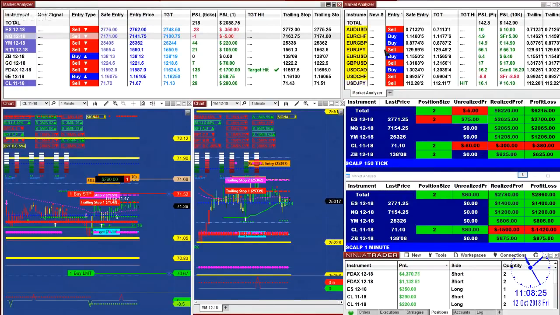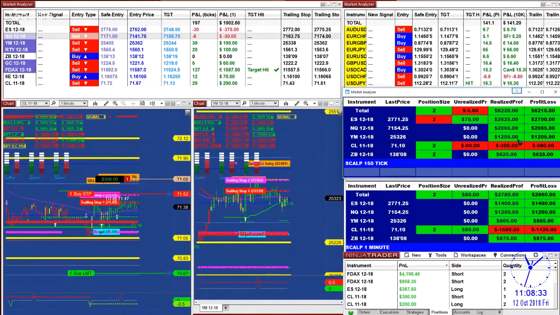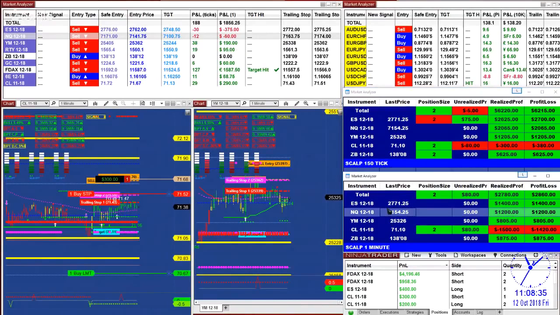Here is your forex. You can see if there are any entry signals on the forex here. The scalpers have just been going in circles, not much going on. This is the scalpers on 1 minute and 150 ticks, and this is the swing trading right here. As you see, we are just going in circles.